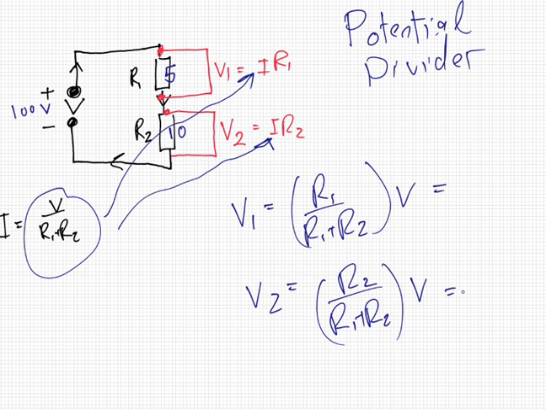Can you do that on your calculator really quick? 66 and 33 roughly. So roughly 33 and 67 then.